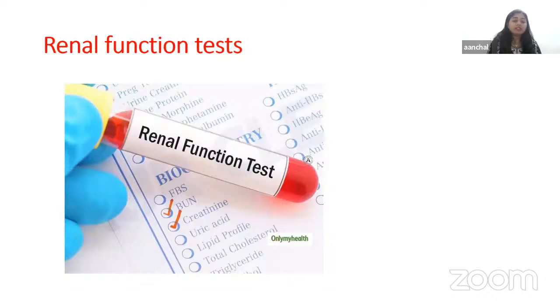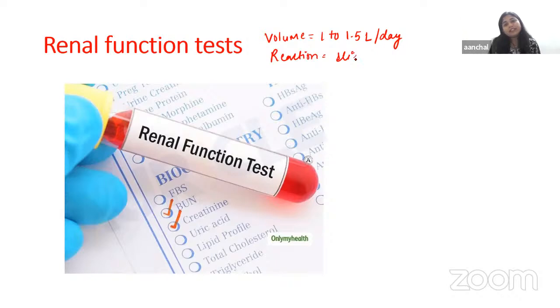Now next we have the renal function test. Whenever we talk about the renal function test, first we should look at the properties of urine. The volume is around 1 to 1.5 liters per day. The reaction is usually slightly acidic. Why is it slightly acidic? Because a number of hydrogen ions are there.